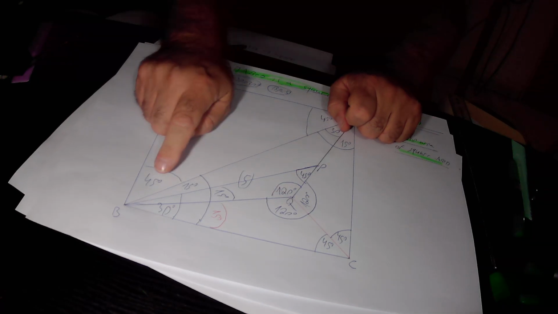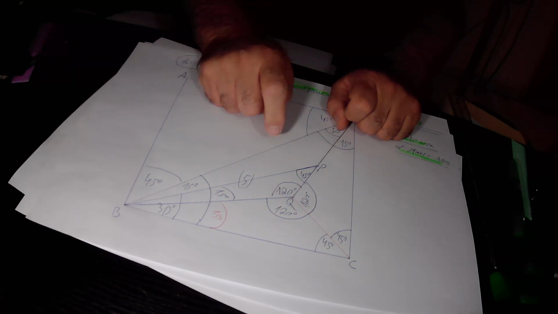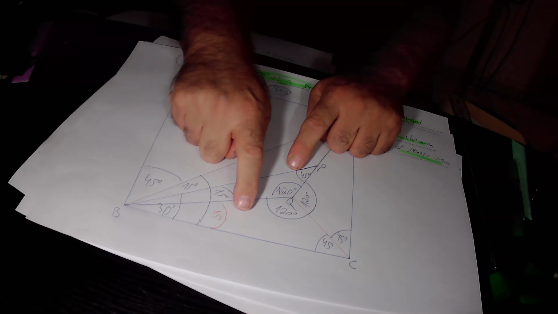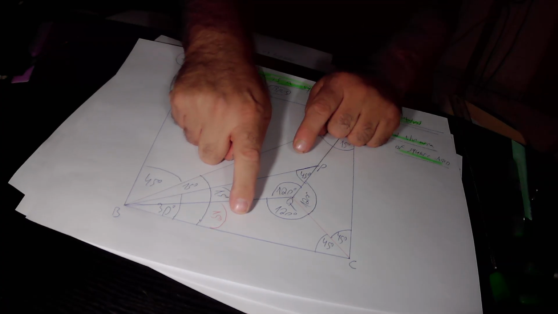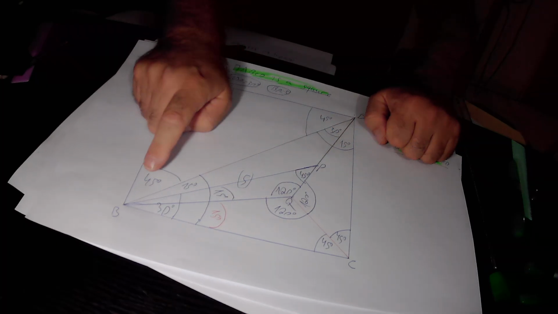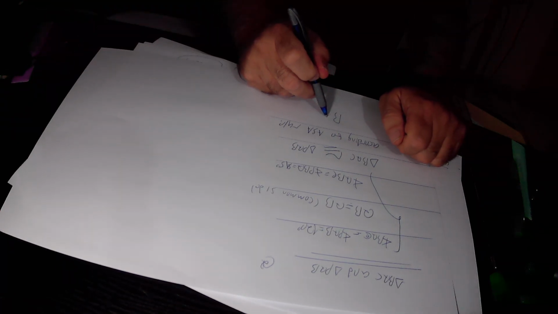And therefore PB and BC are corresponding sides. So those two sides are equal to each other, because all the corresponding sides in congruent triangles are equal to each other in length. So BC equals PB.